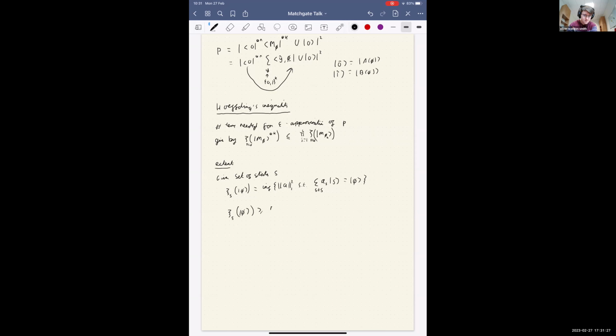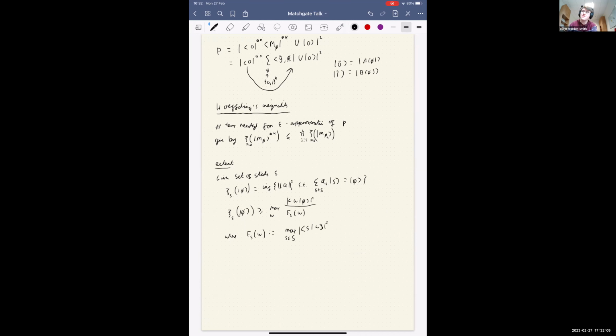It's the max over all states omega, the inner product of omega with phi, over the fidelity of omega, where F_S of omega is the max over S in S of, I'm running out of letters now, the inner product of S with omega, squared.